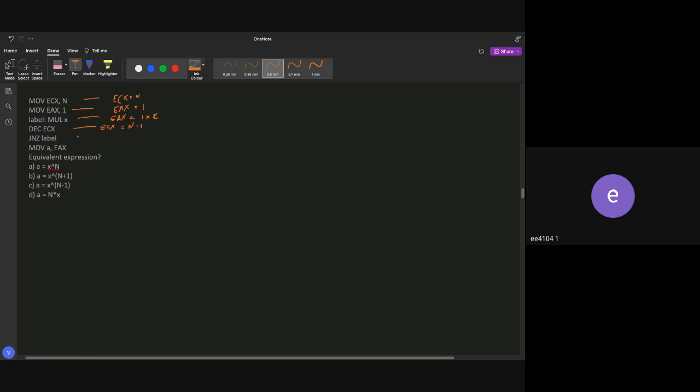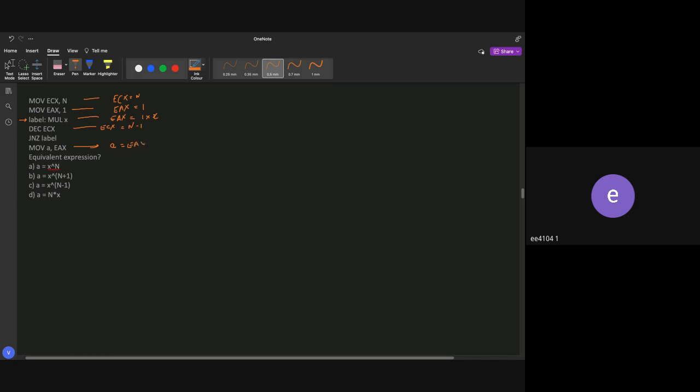So until this ECX is equal to 0, it will jump to this particular address. Again we have to multiply this x to it, and then again decrement it. And lastly, we are storing whatever is there in EAX to A. So A is equal to EAX.